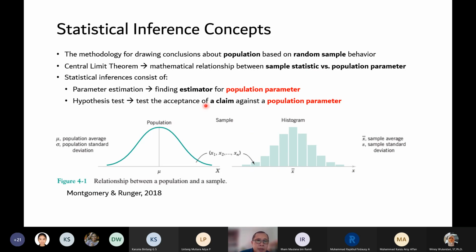Okay, so there are two main activities in statistical inference. The first one is parameter estimation, meaning these are the procedures associated with how to find the best estimate for population parameters.